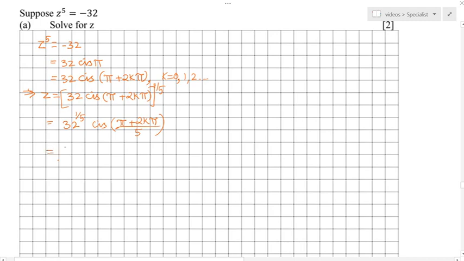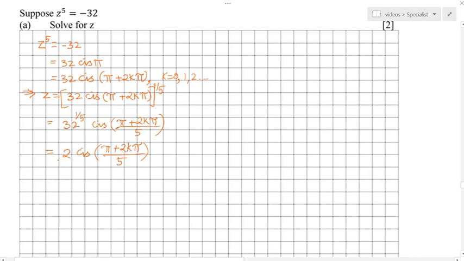Coming back here, this becomes 2 cis of (pi plus 2k pi) over 5. Now, depending on different values of k, we will have different roots.